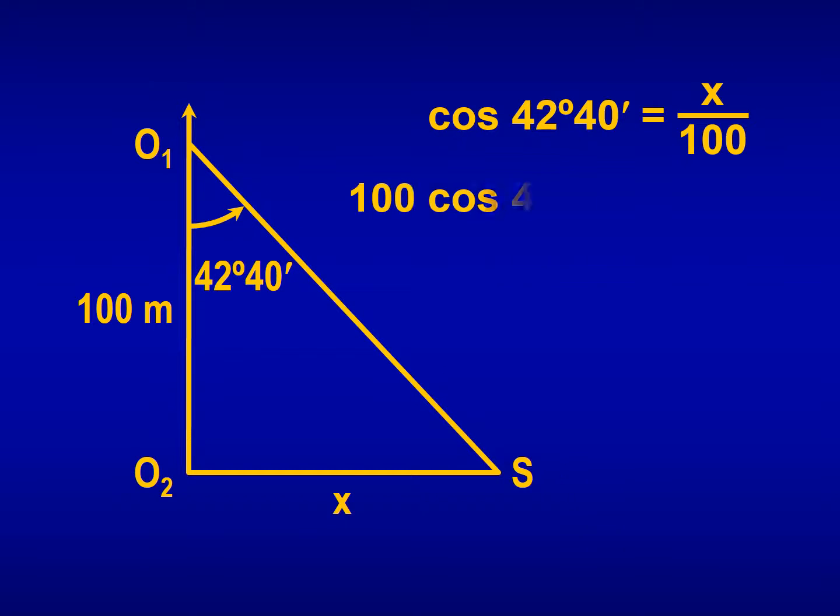Now to solve, we multiply both sides by 100. Remember that 42 degrees, 40 minutes, before you can plug that into your calculator, you do have to convert that. So it would be 42 plus 40 over 60. And then you take the cosine of that, and then you multiply by 100, and you would get approximately 92.2 meters. And that's how you would solve for that word problem.